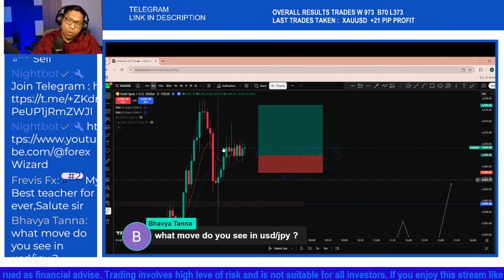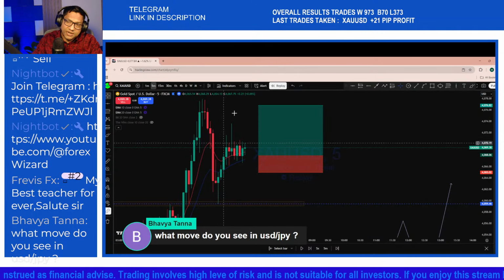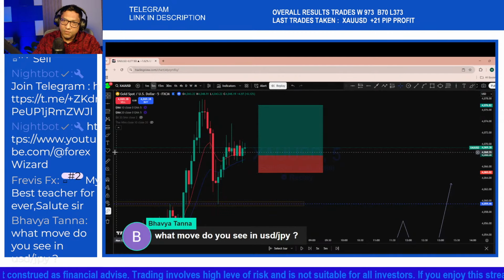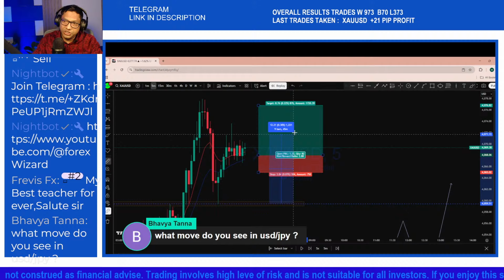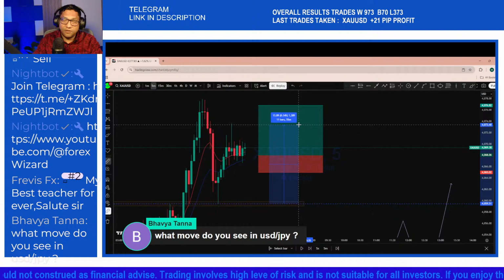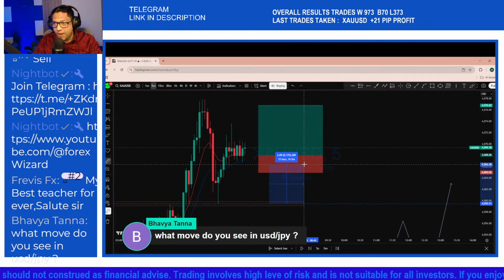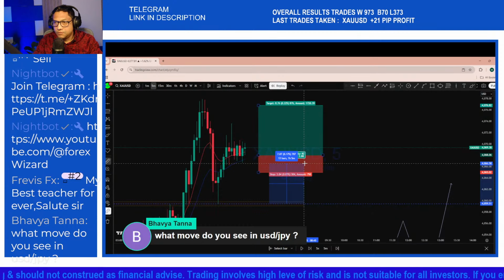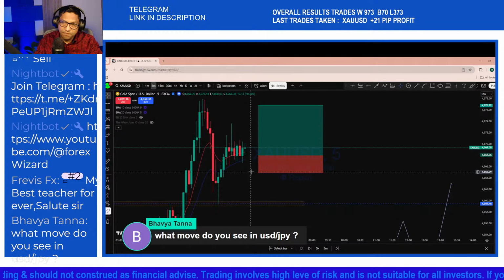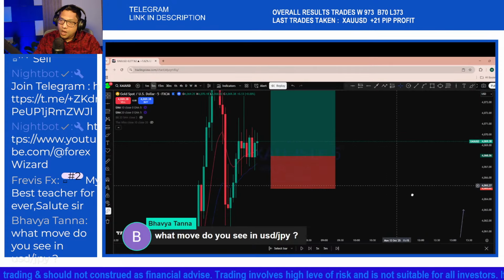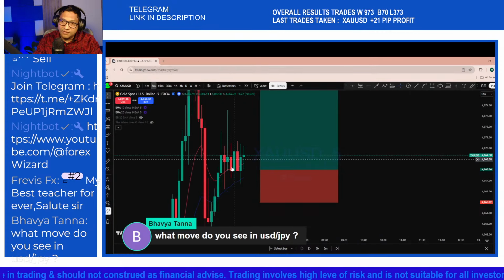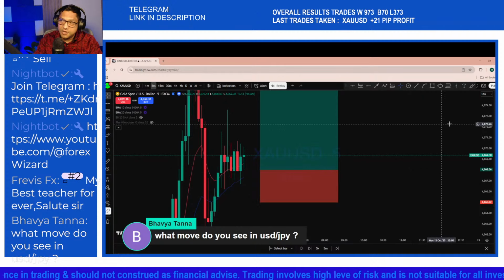Now see that once the market rejected from here, it created on this lower time frame a bullish impulse of 140 pips, and then pulled back to almost 50%. How have these green candles and red candles formed in that area?